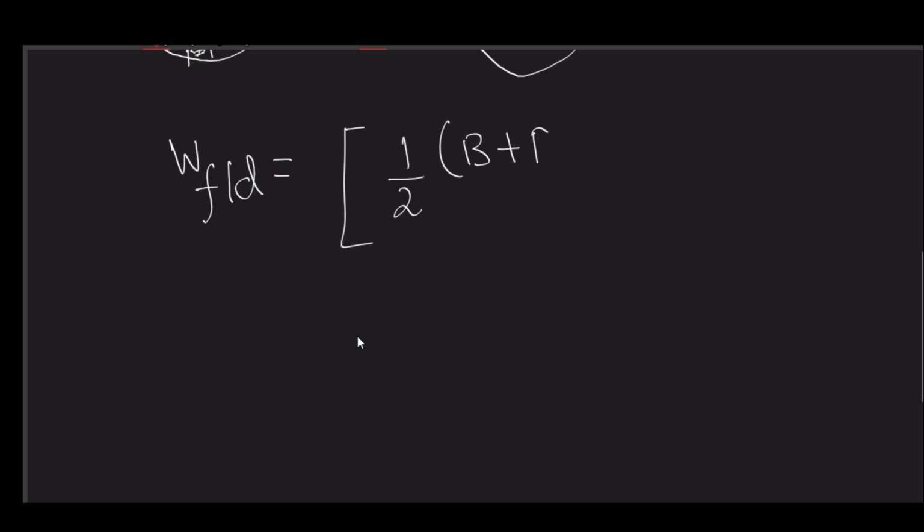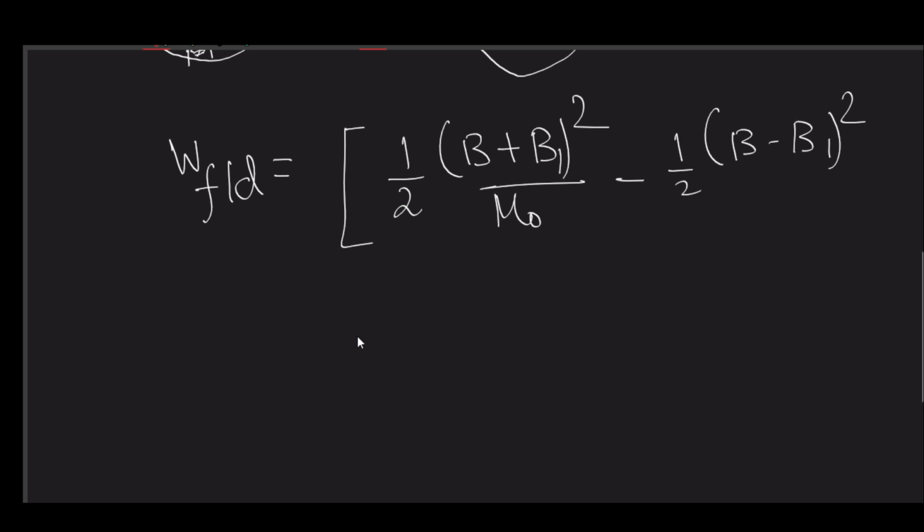One is (B plus B1) square by mu naught minus half (B minus B1) square by mu naught, times g l x. Now, what does it indicate when B1 is 0?